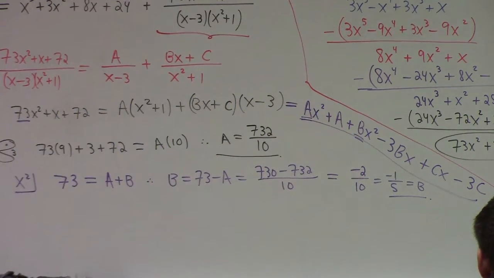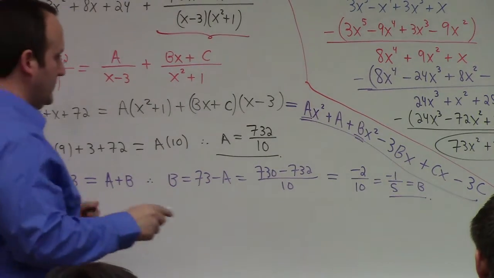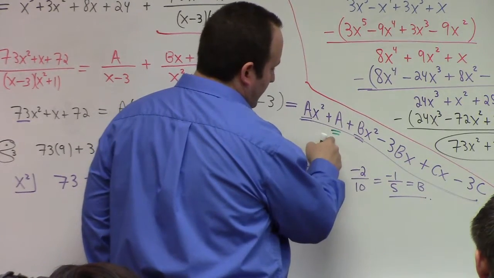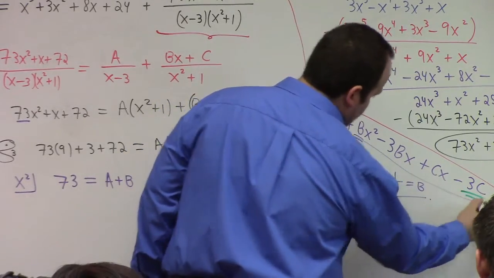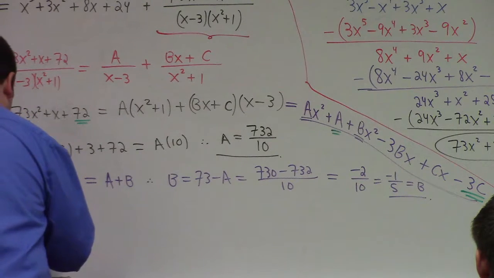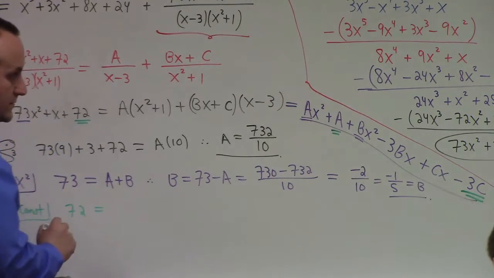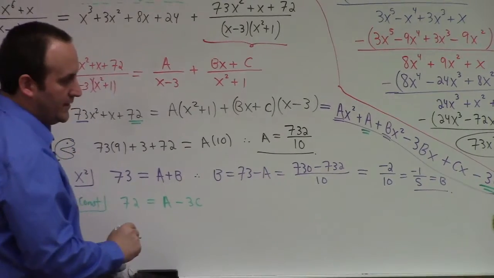To figure out c, what should I do? We got choices, right? You could look at the linear term, you could look at the constant term. You could put x equal to 0, that's the same. So I'll do the constant term. Here the constant terms are a and minus 3c. Over here, you got 72, right? So equating the constant terms gives us 72 is equal to a minus 3c, right?